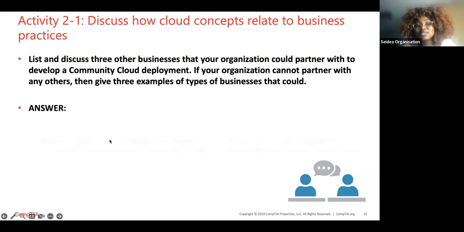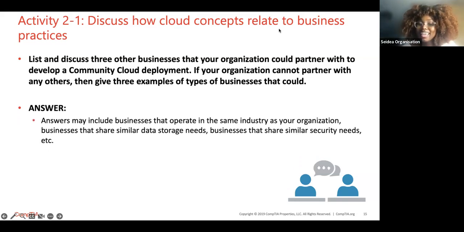So I would say the answer is everybody's pretty much right. And I've seen Francis on schools partnering with child social services. I think the key element when we're looking at community cloud is that they need to operate, one, in the same industry, and two, they need to be able to share similar data storage needs, and they need to have similar security needs, and similar and shared interests.